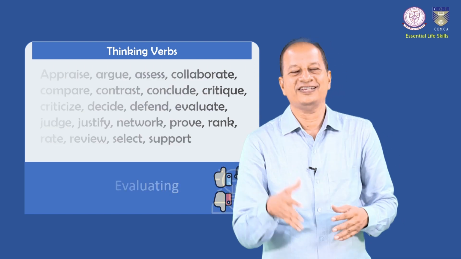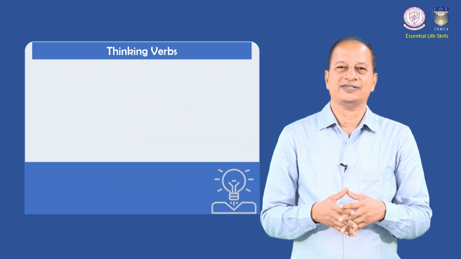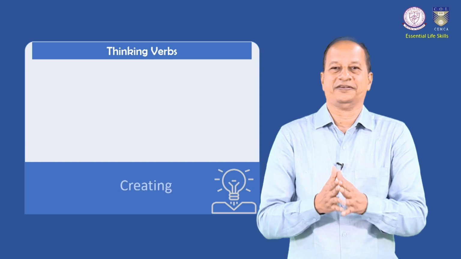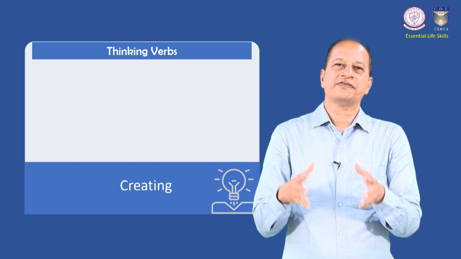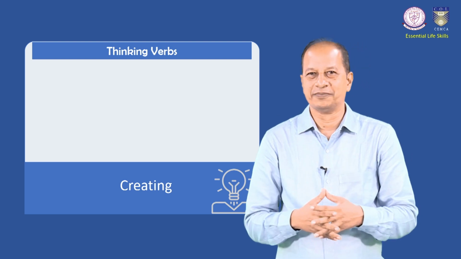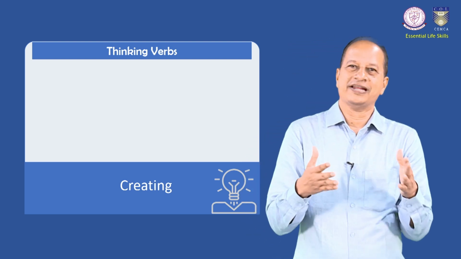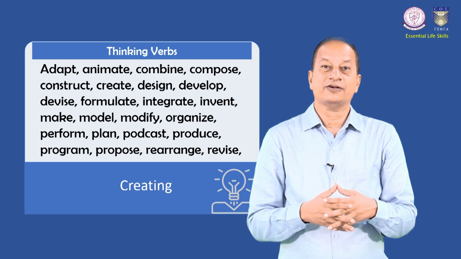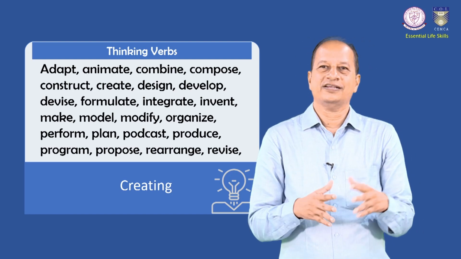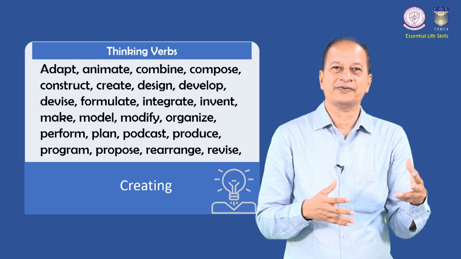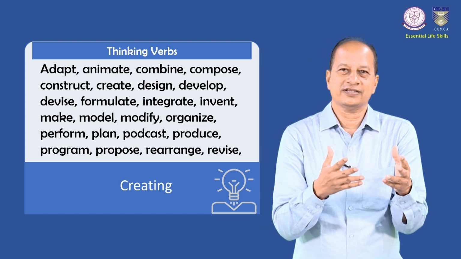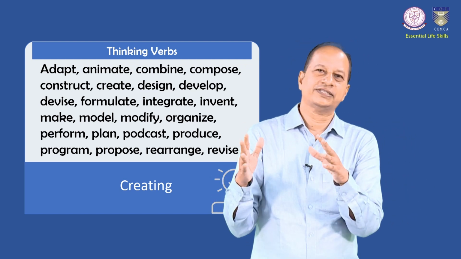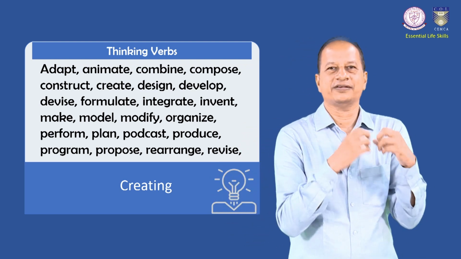And finally, these thinking verbs are associated with creating, the topmost level in the revised taxonomy. It is about adapting, animating, combining, composing, devising, formulating, integrating, organizing, performing, proposing, revising. All these verbs are thinking verbs.